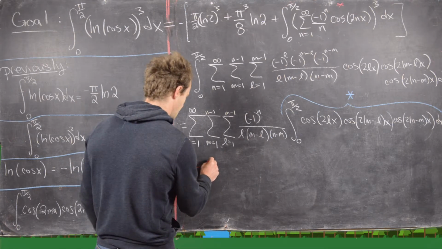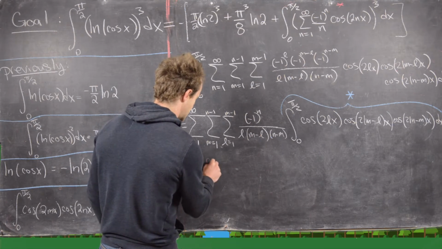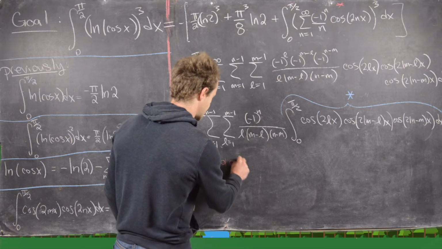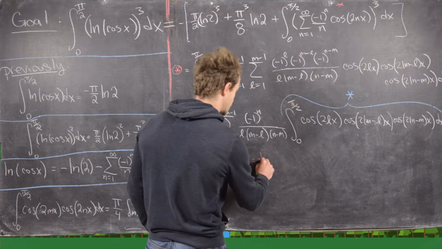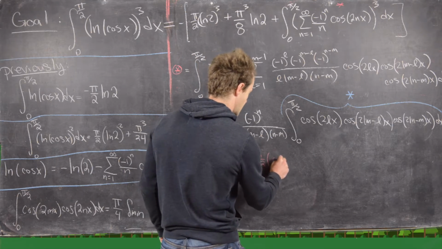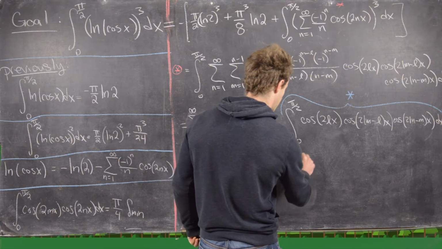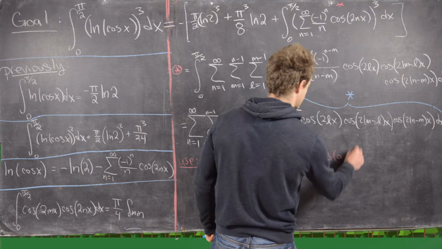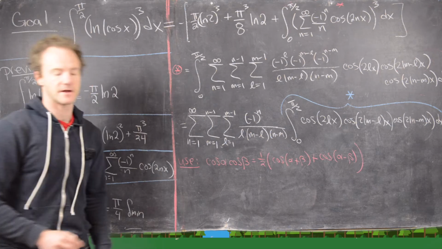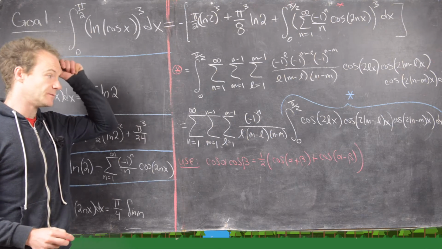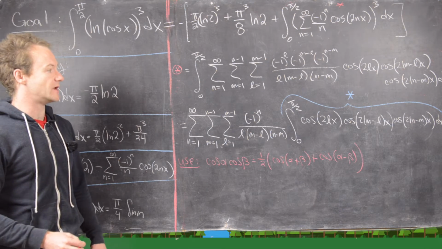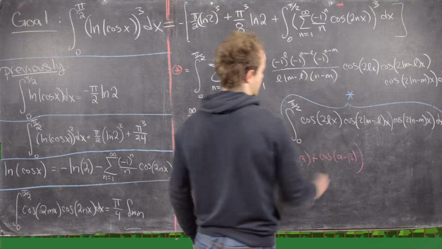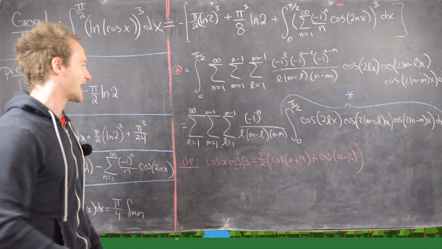So let's use the fact that the cosine of alpha times the cosine of beta is equal to 1/2 cosine of alpha plus beta plus cosine of alpha minus beta. Okay, good. And we're going to use that on maybe these two terms right here. So let's see what that gives us.